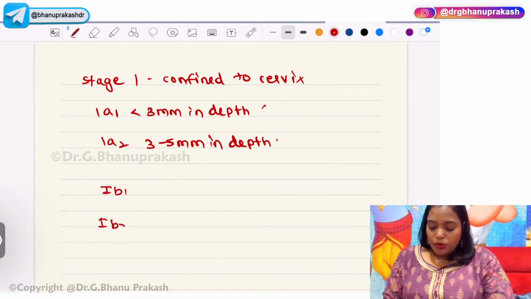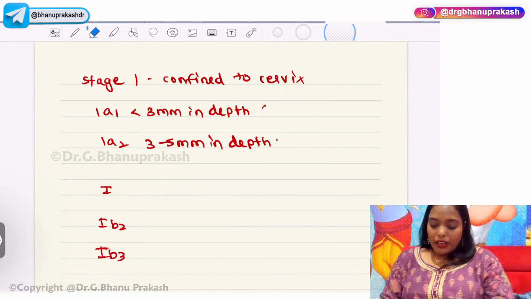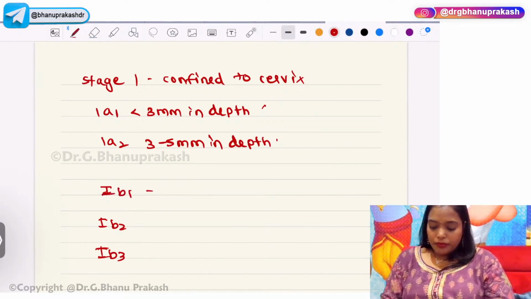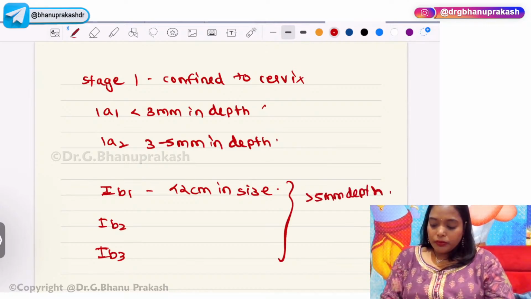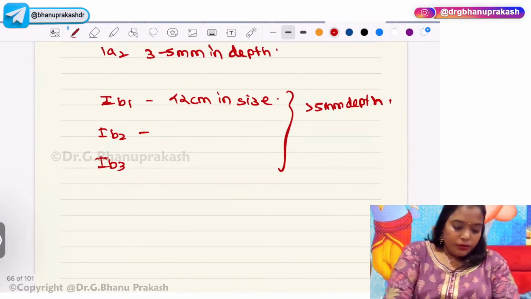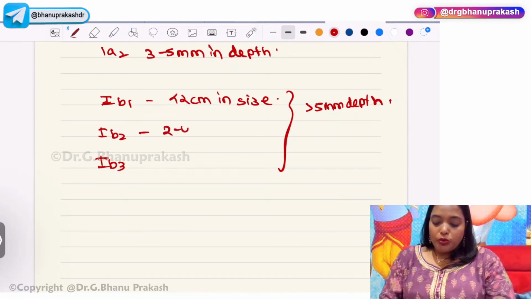Next, 1B1, 1B2, 1B3. All these are visible lesions. 1B1 is less than 2 centimeters in size. 1B2 is 2 to 4 centimeters in size.